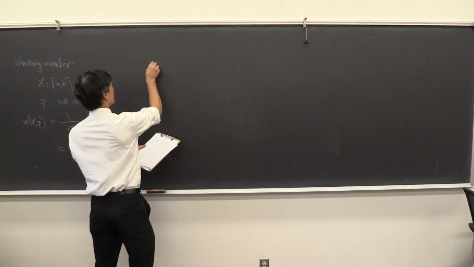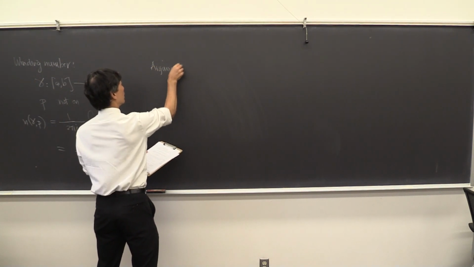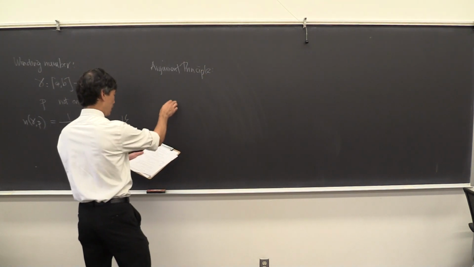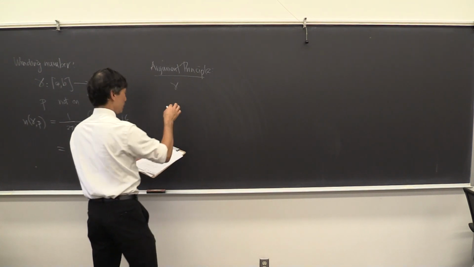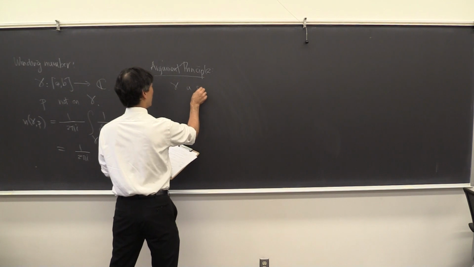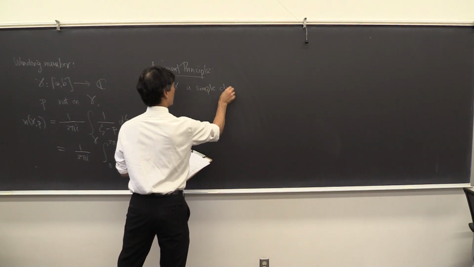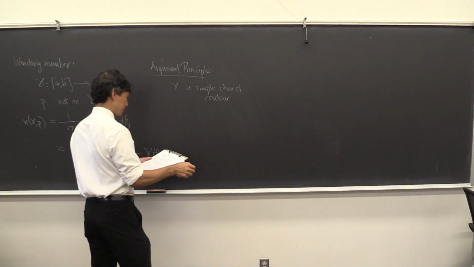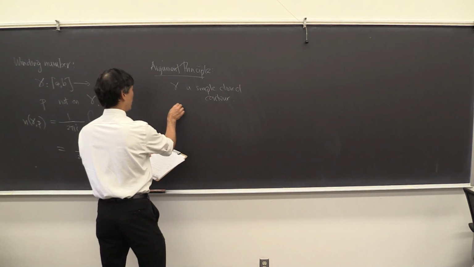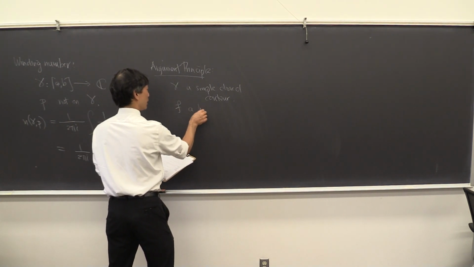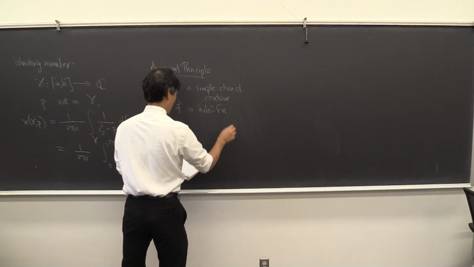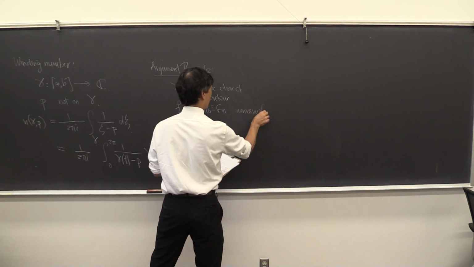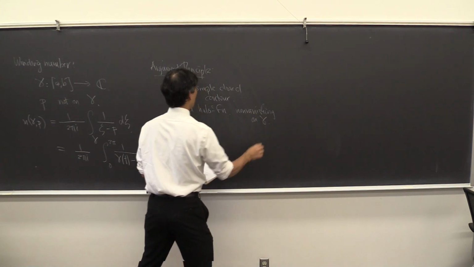We have this thing called the argument principle, which said that again, if you have gamma a simple closed contour, and then f a holomorphic function that did not vanish on gamma, right?